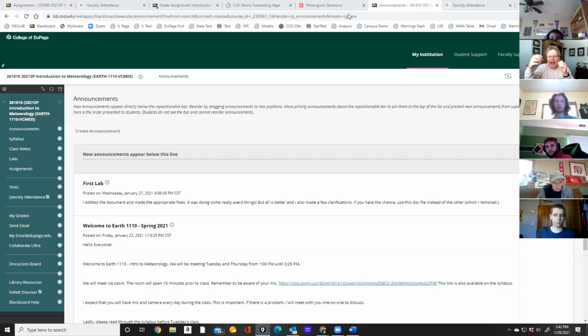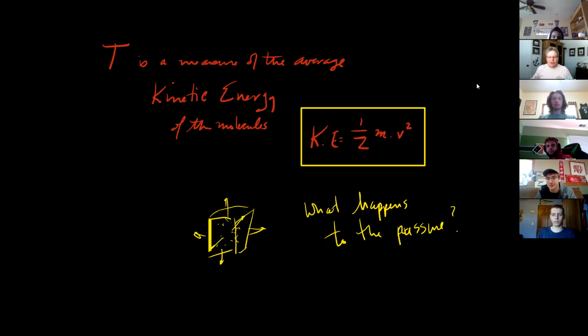So the force and the area are both increasing and the pressure stays the same. So it depends on the box. If I have what we call a rigid box, meaning I don't let it change, then that's true. The pressure goes up.